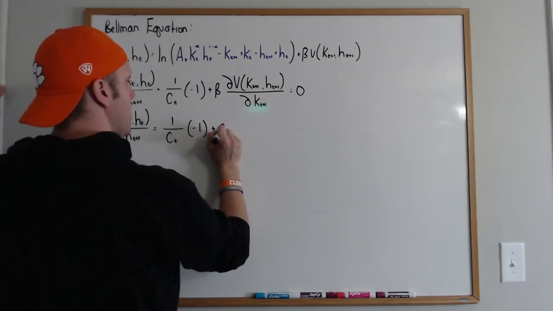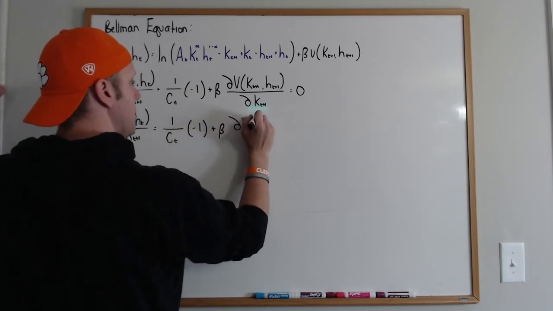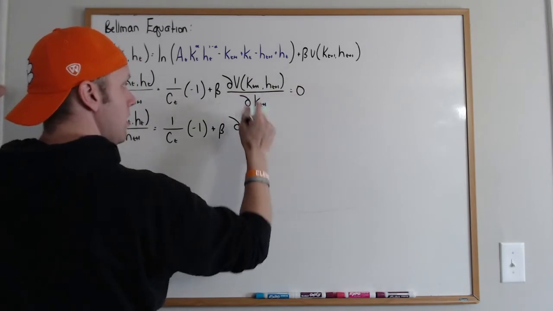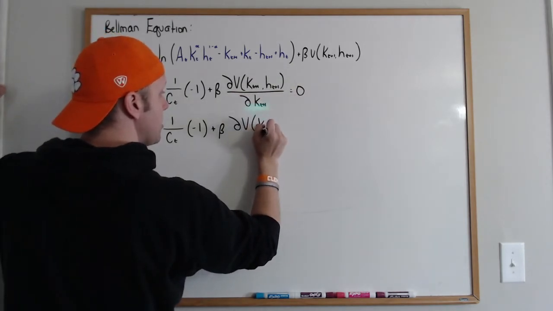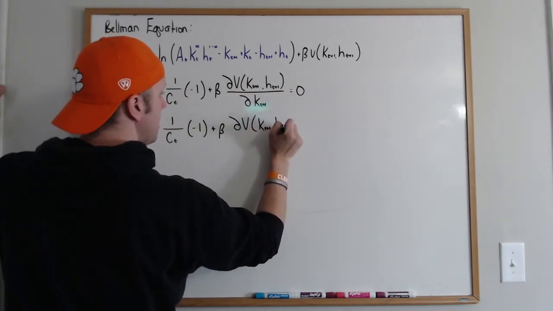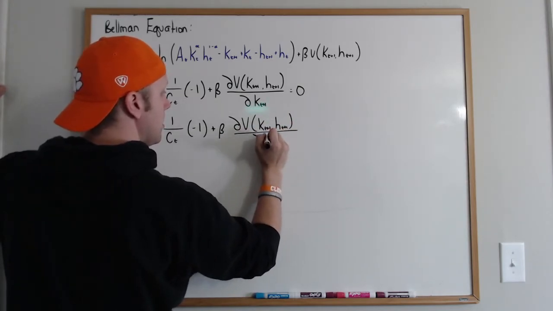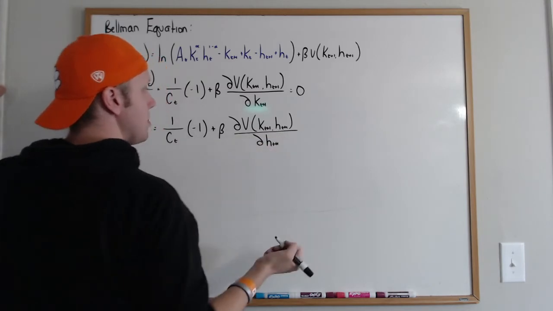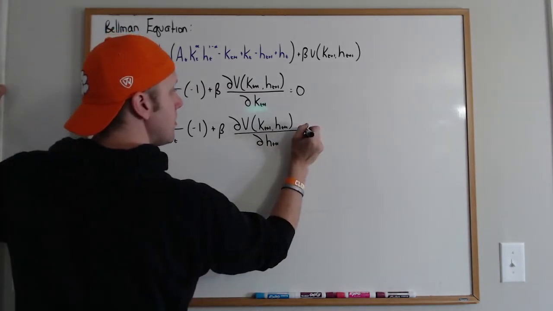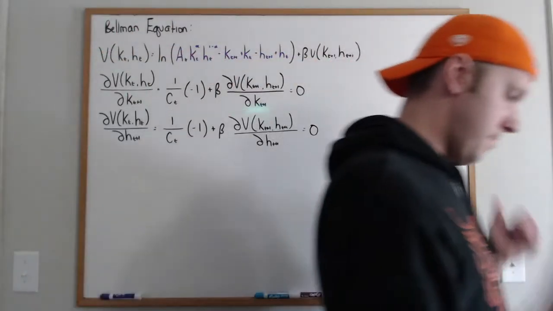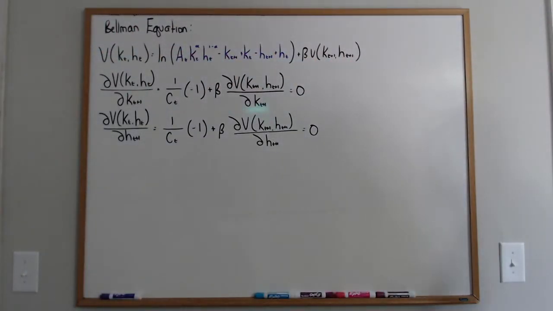Plus beta times the partial of V(k_{t+1}, h_{t+1}) with respect to h_{t+1}. We set that equal to 0. That's what we got. So these are our 2 first order conditions.